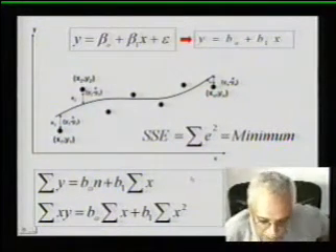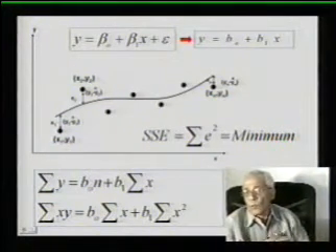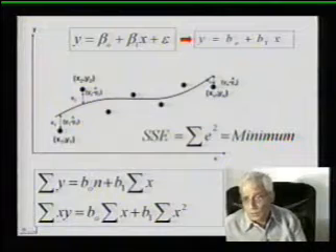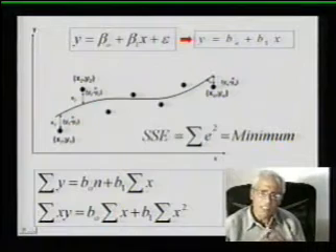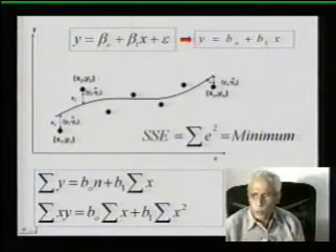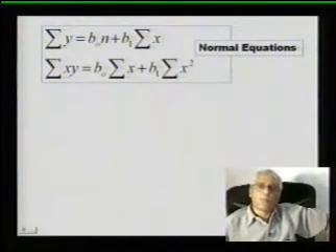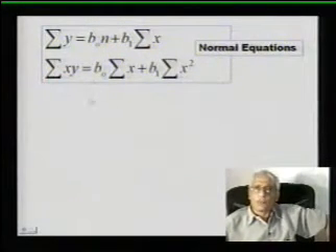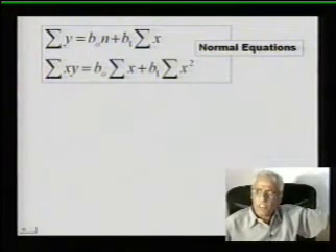If we multiply both sides of the equation by x, we will get sigma xy equals b0 times sum x plus b1 times sum x squared. These equations represent the starting point of any least squares analysis. Our job is to use these equations to estimate the constants b0 and b1. These equations are commonly known as the normal equations of least squares.